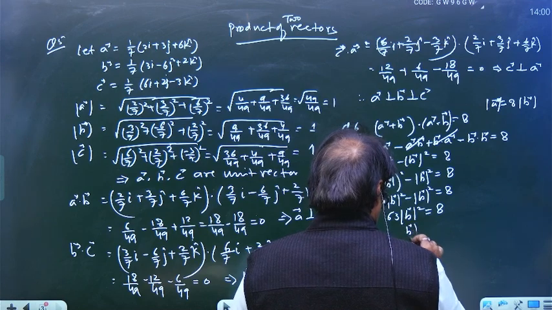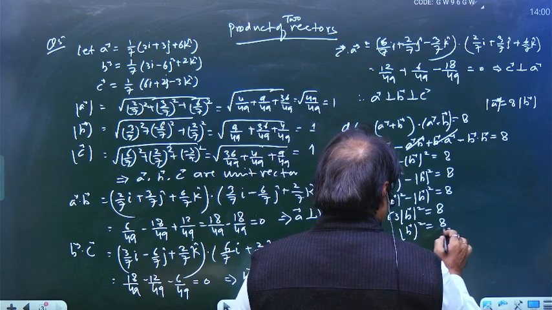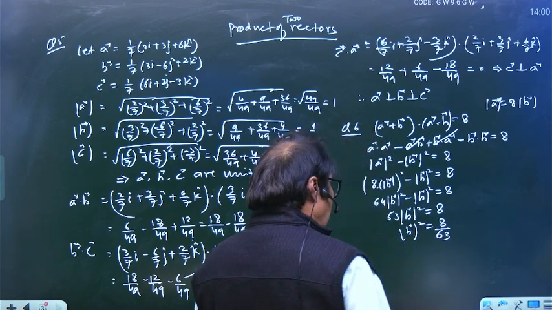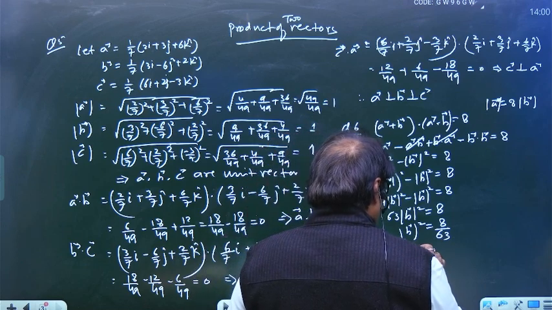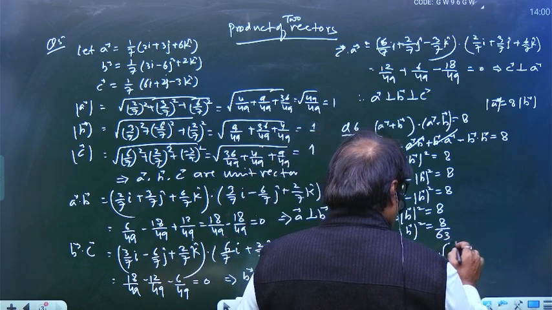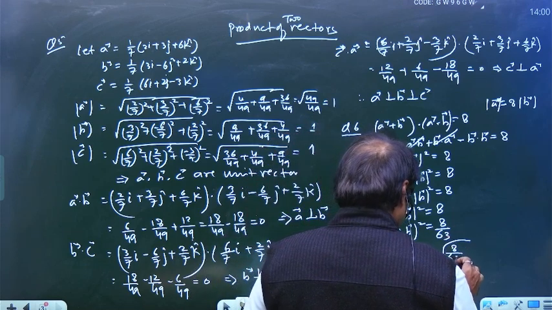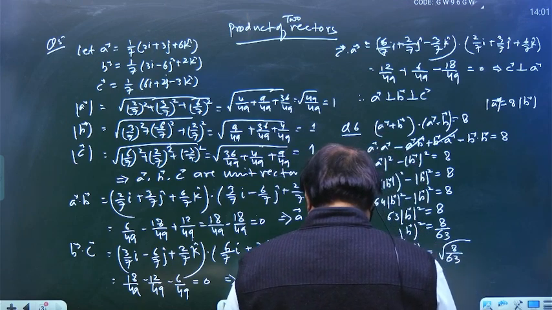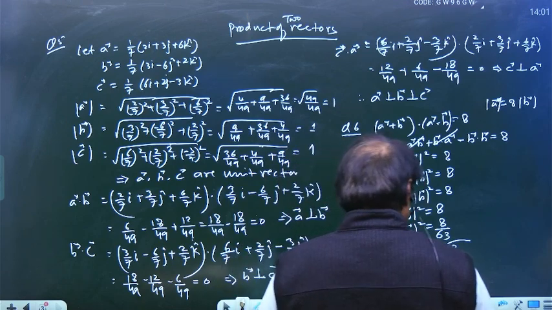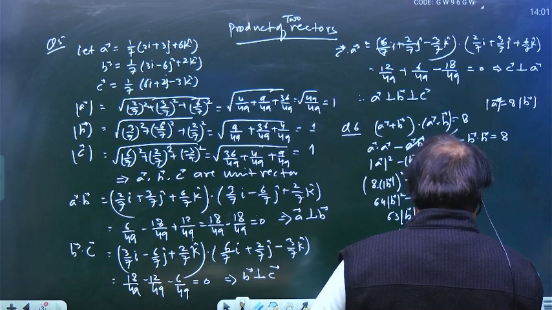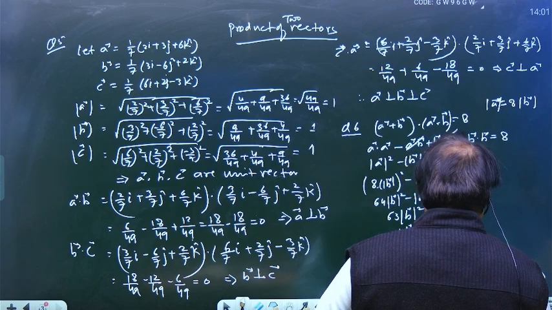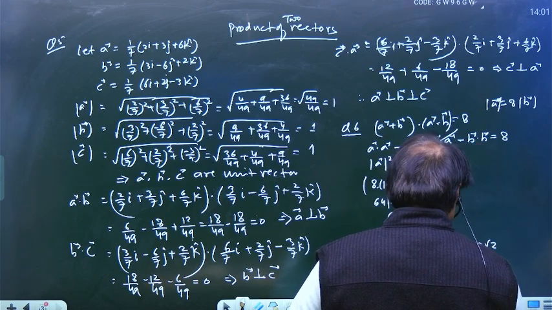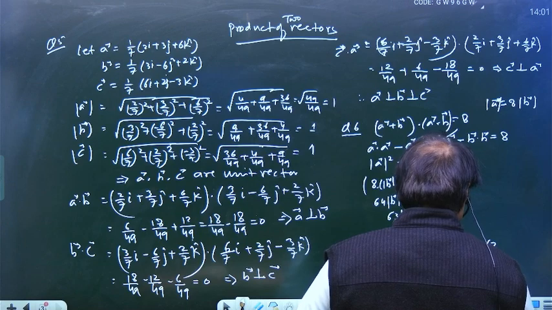So magnitude of B square is equal to 8 by 63. Therefore magnitude of B is equal to root over 8 by 63, and 8 by 63 means 2 root 2 upon 3 root 7.